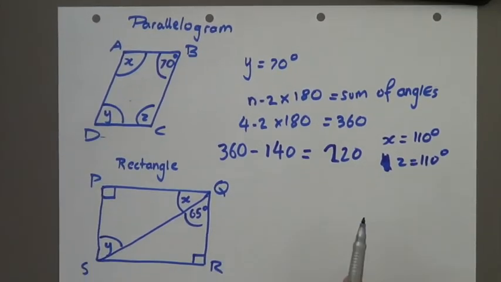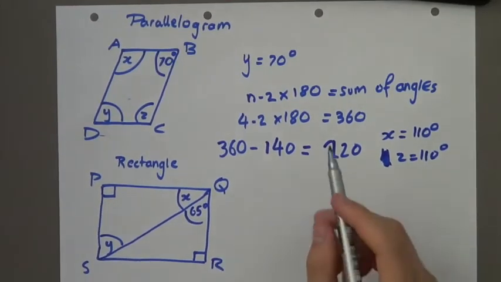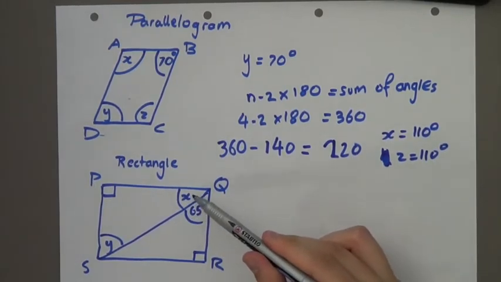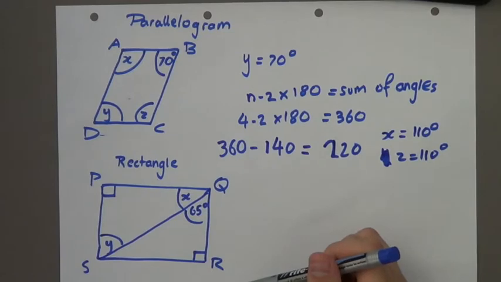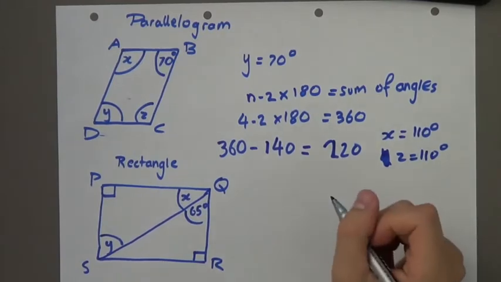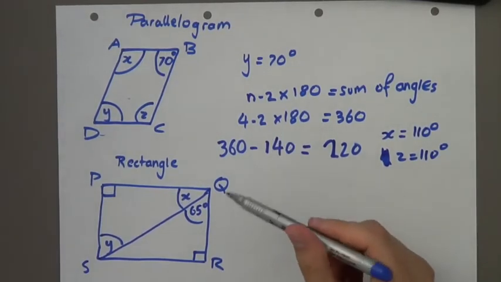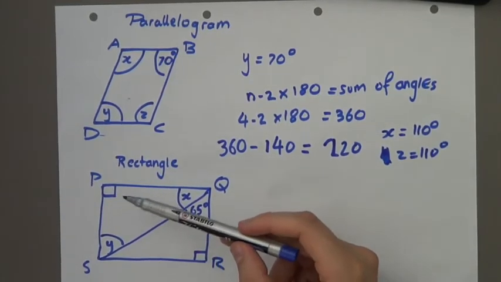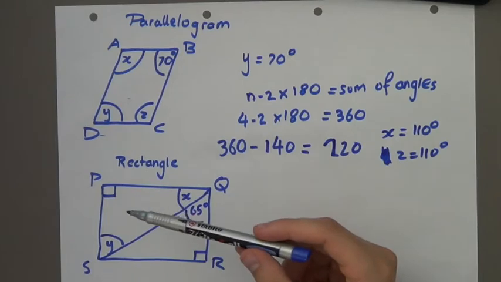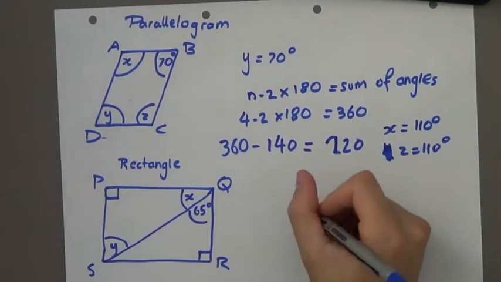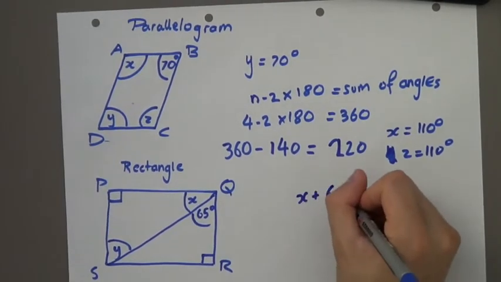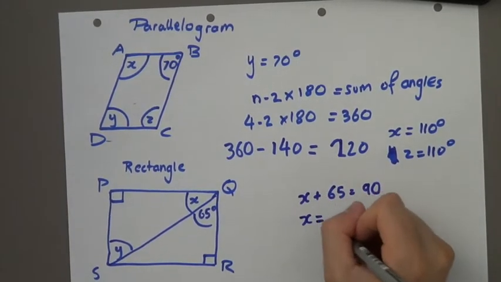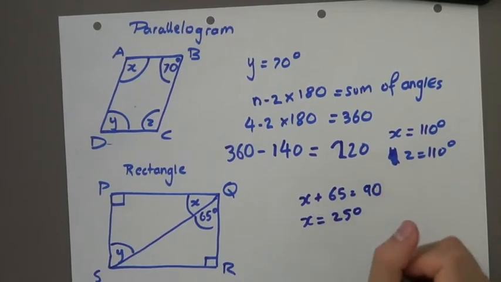What about this next one? For a rectangle, 65 plus x has to equal 90. Also x plus y plus this 90 has to equal 180. So x plus 65 equals 90, therefore x equals 25 degrees.